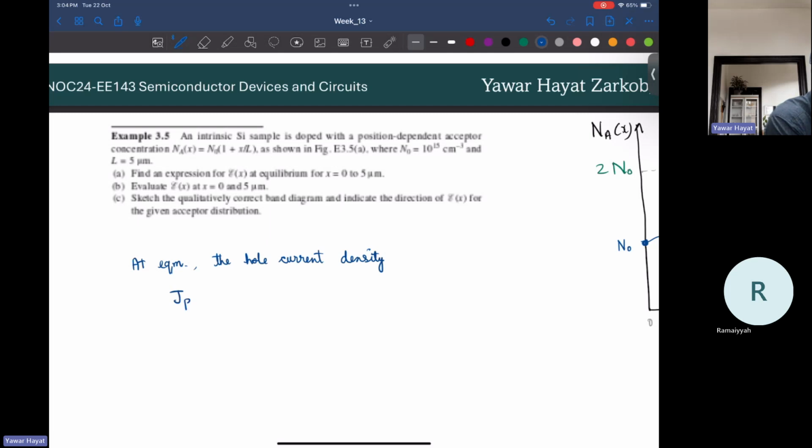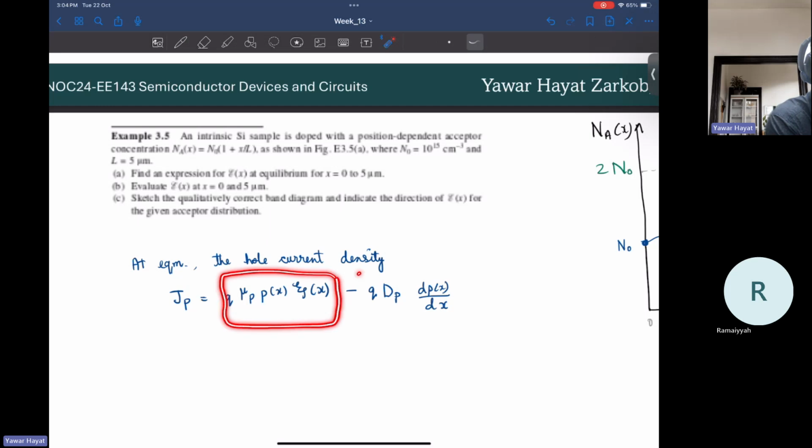Jp, which is actually given by q mu_p p of x, electric field E of x, and then you have minus q D_p, then your dp of x by dx, right? Now tell me one thing, name this and this component.